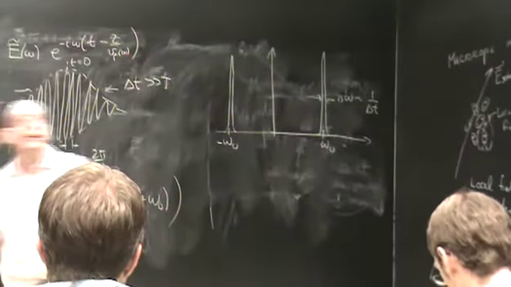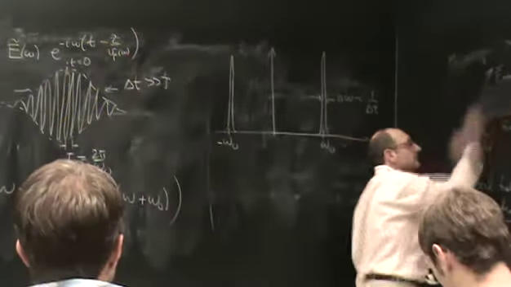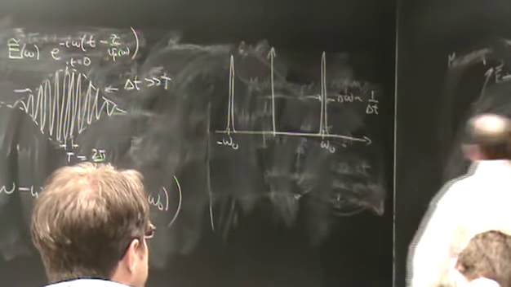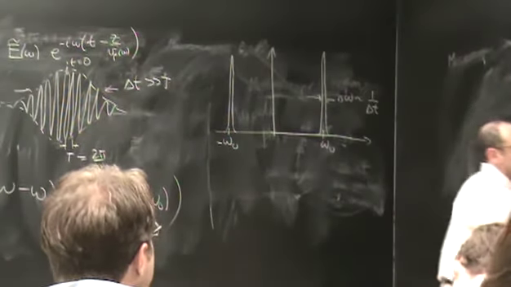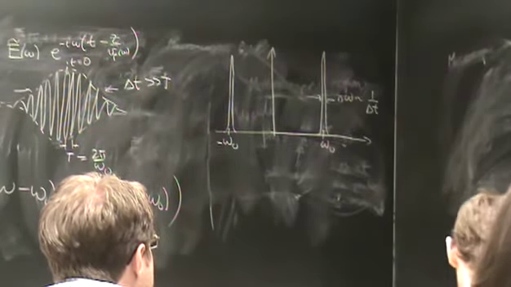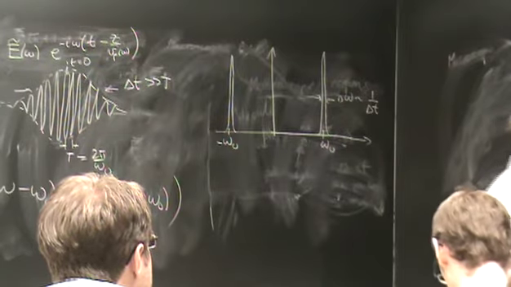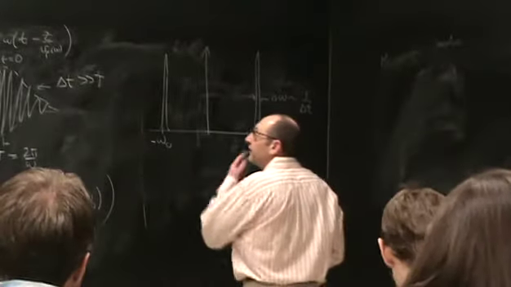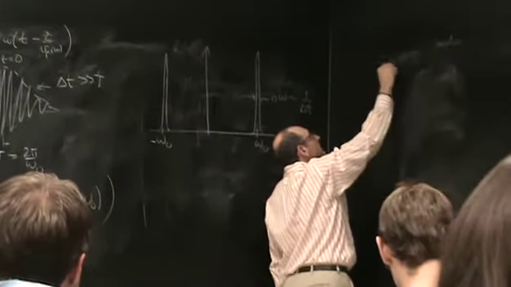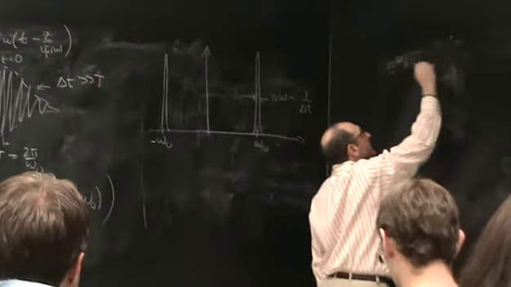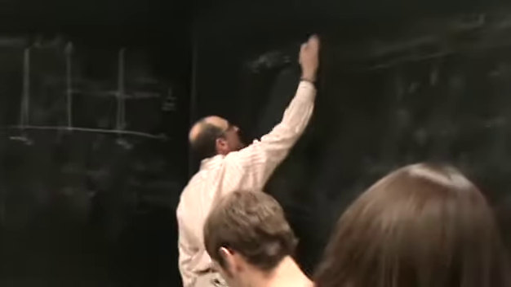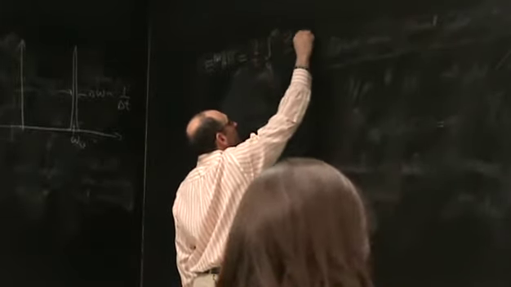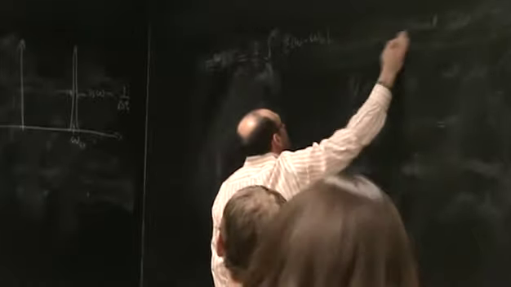So, with that said, we can write down the solution for this particular form of my signal. The positive frequency component is equal to 1/2 the integral from 0 to infinity of d omega, E tilde centered at omega naught.